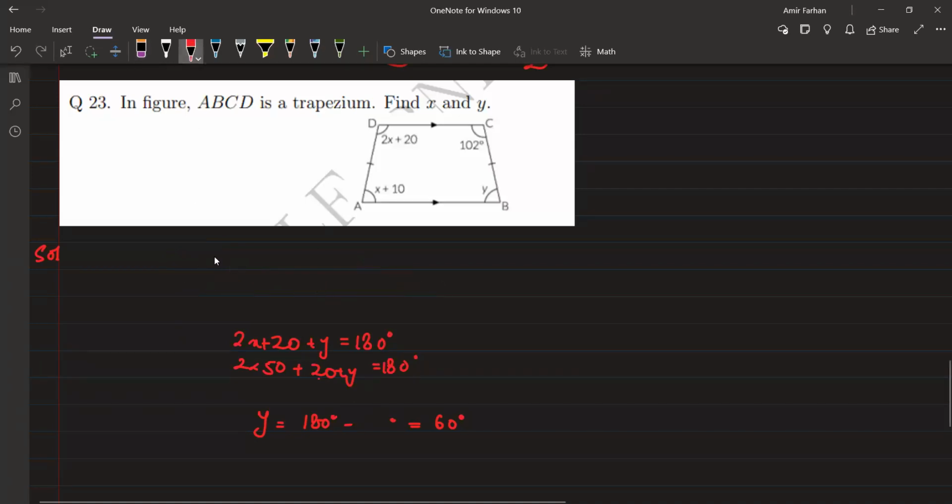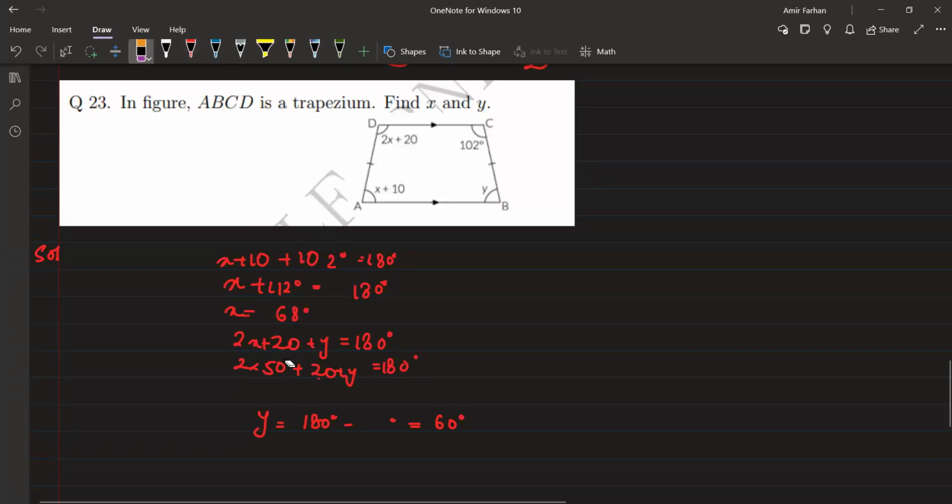Okay, no problem. So x plus 10 plus 102 is equal to 180 degrees. So 112 is equal to 180, so x will be equal to 68 degrees.